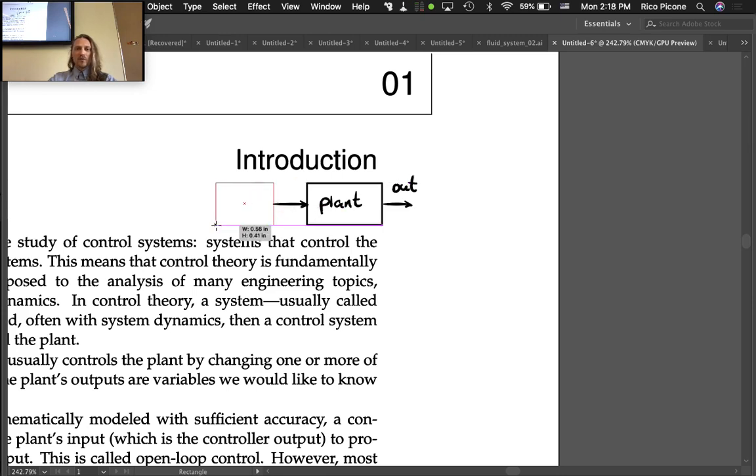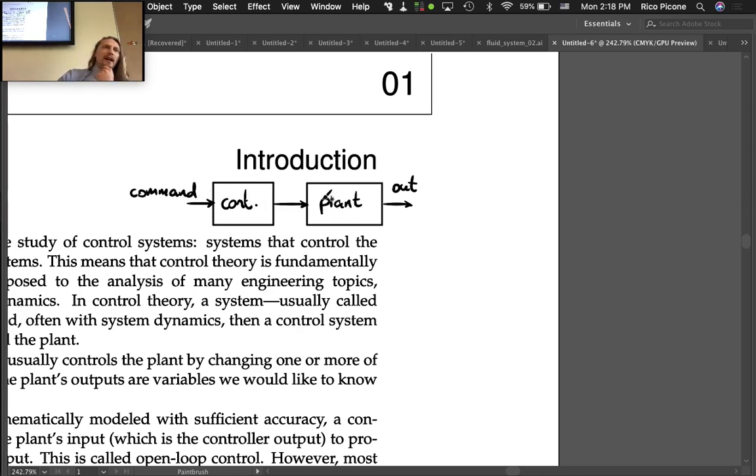This is one arrangement. This is not the only arrangement, but this is one. This would be the controller, and the controller knows what you want. This would be the command of what we want.